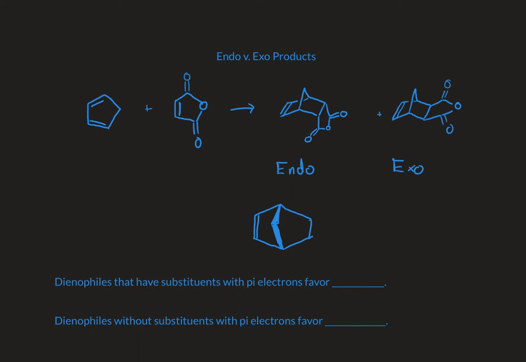And so my bridge, I have drawn up. The bridge is carbon 5. It's up. The bridge is up, and so my substituents must be down. And so I'm going to use dashed wedges to show them.